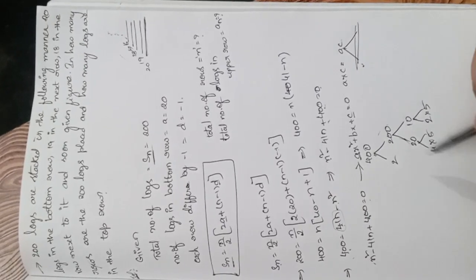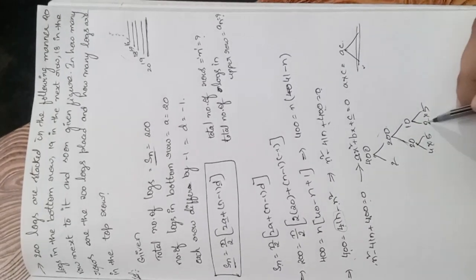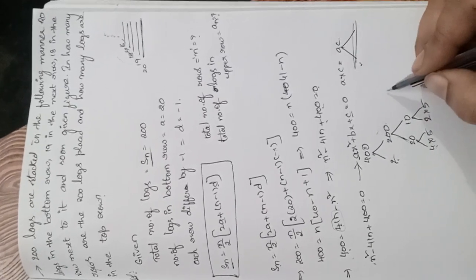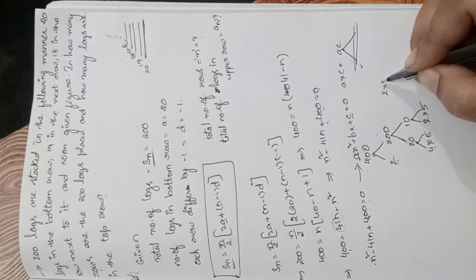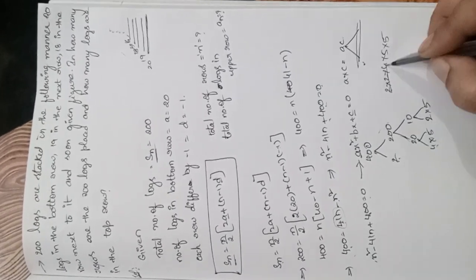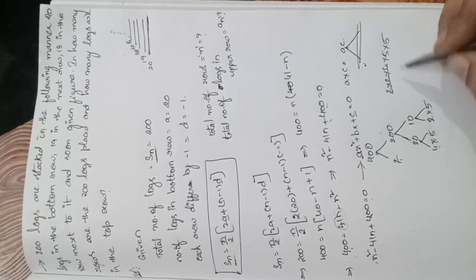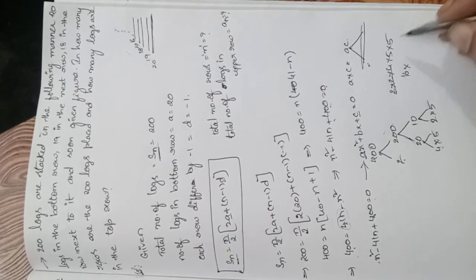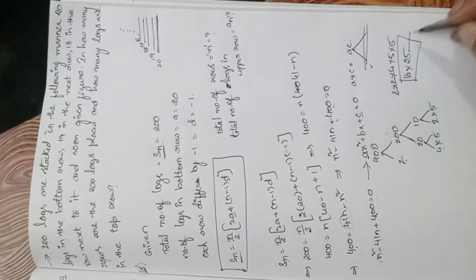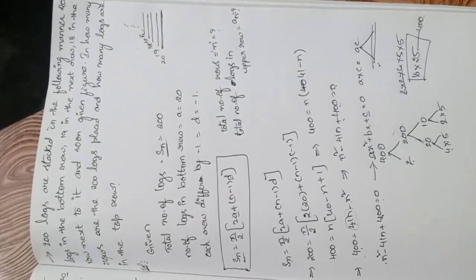Now I am taking 2 into 4 into 2 into 5 into 5, which is 2 into 2 into 4 into 5 into 5. So 2 2 is 4, 4 4 is 16, into 5 5 is 25.